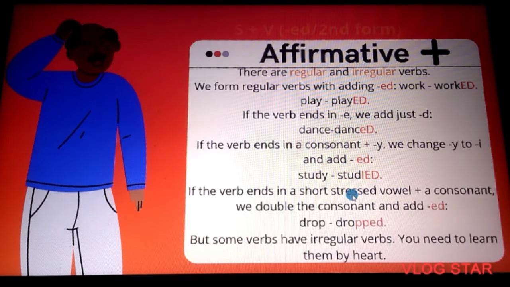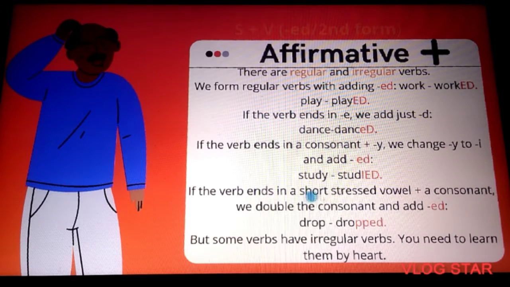We remove the y, and instead of it we put i and add ed, for example, studied. But as you see, in play we also have y at the end, the ending y, but before it we have a, which is a vowel sound. Vowel sounds are like e, a. That's why if there is a vowel sound before the y, we don't change anything, we just add ed.